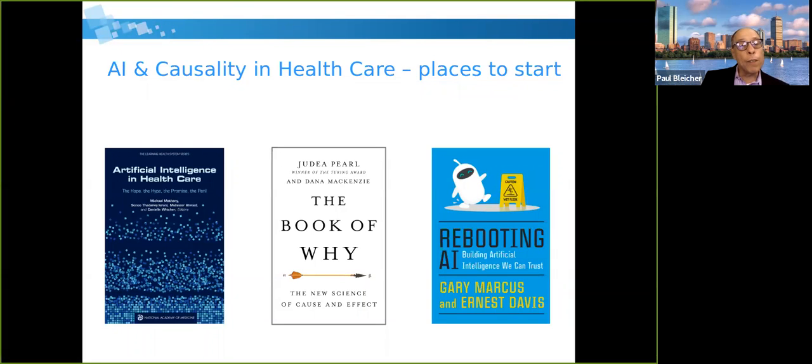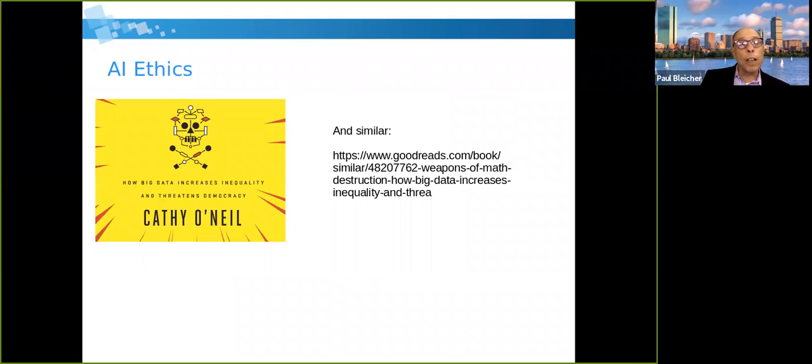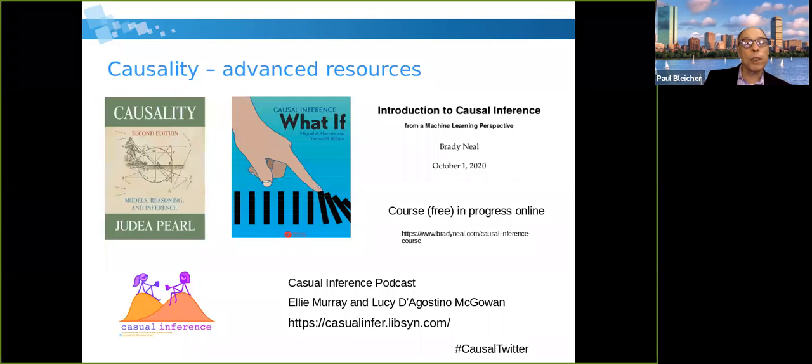And Artificial Intelligence in Healthcare is a book that I'm a co-author of that the National Academy of Medicine did. If you want to understand more about ethics, a good place to start is Cathy O'Neil's book, Weapons of Math Destruction. I've actually, unfortunately, cut off the title on here, but there are, at this link, a bunch of books that are similar to that.